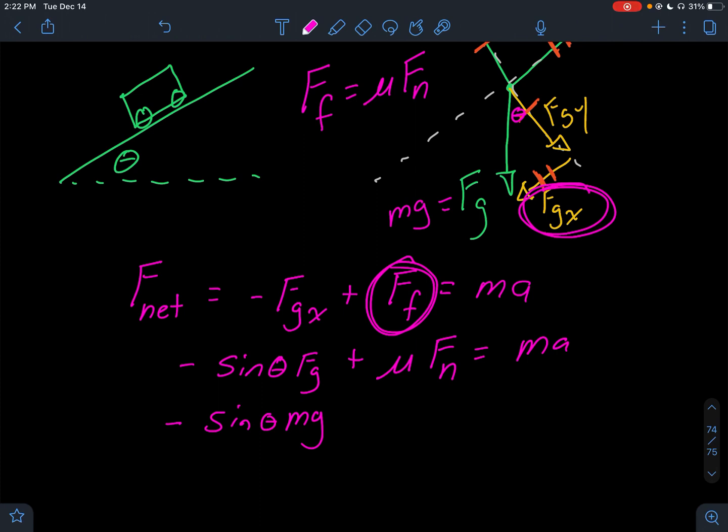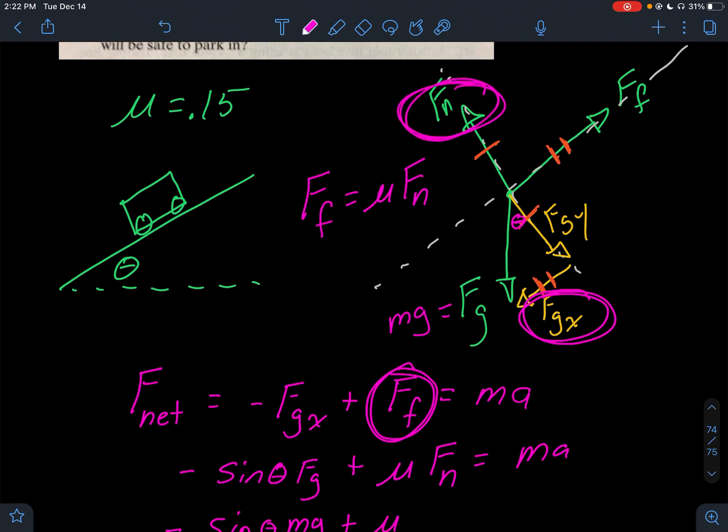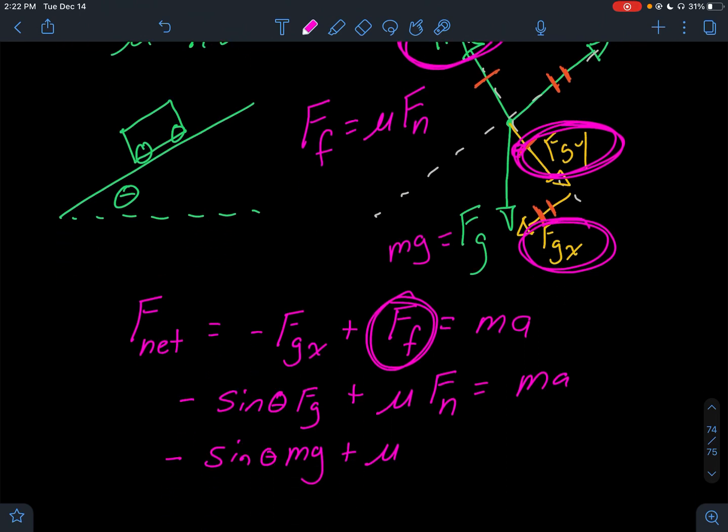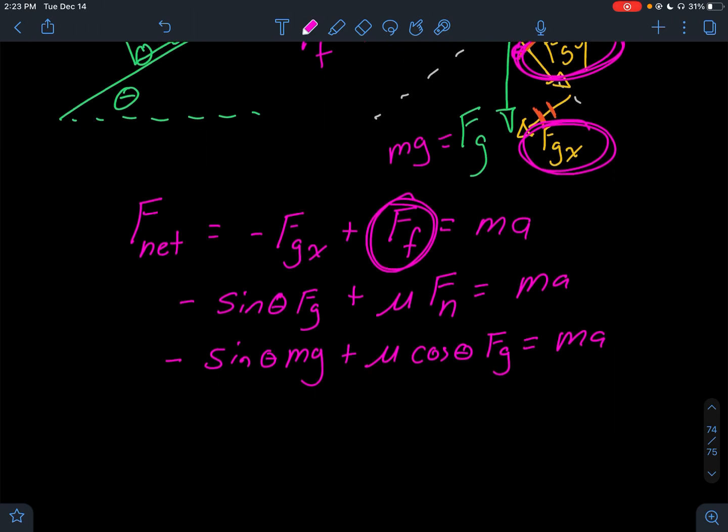Just a little tip or trick: anytime that you're not provided with all the variables, chances are something's going to be canceled out. So this is where that everybody-brought-mass-to-the-party scenario is going to come into play. Normal force from our force diagram is equal to FGY. To get FGY, that would be cosine theta times Fg, which is our hypotenuse, equals mass times acceleration.